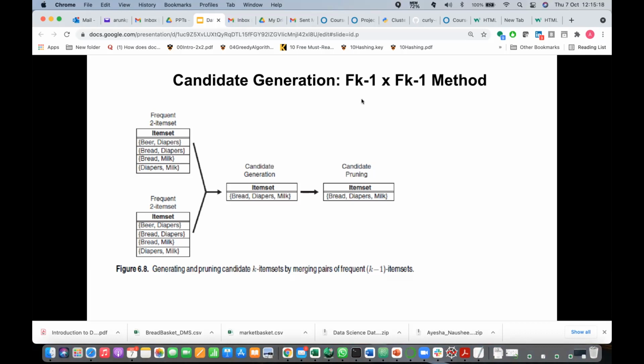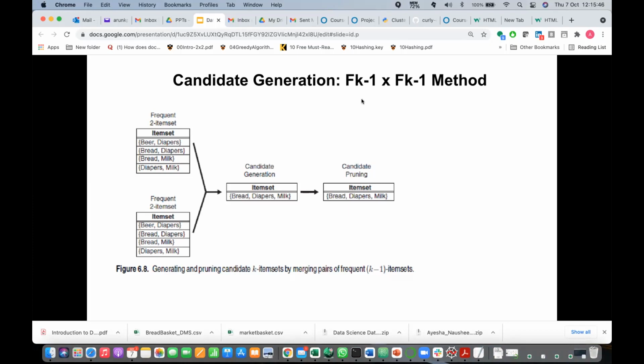Here, we are taking two k minus 1 frequent item sets which have the same elements up to k minus 2. And we are adding the k minus 1 element of the first frequent item set and the k minus 1 element of the second frequent item set. Means two elements we are adding to k minus 2 same elements. So we will get the k item set.